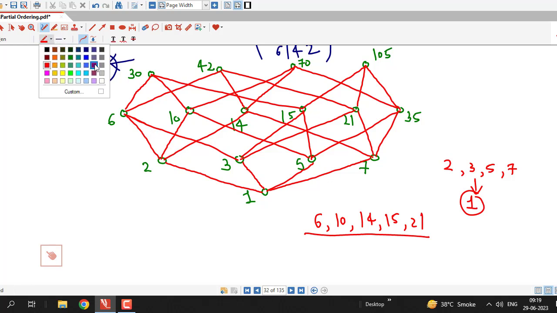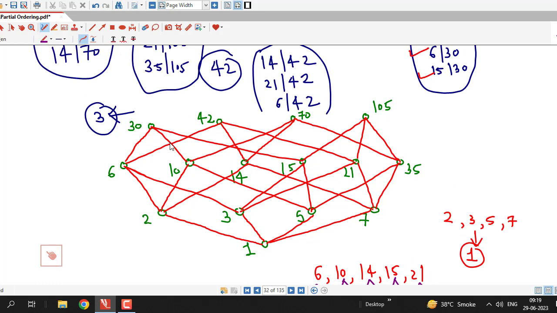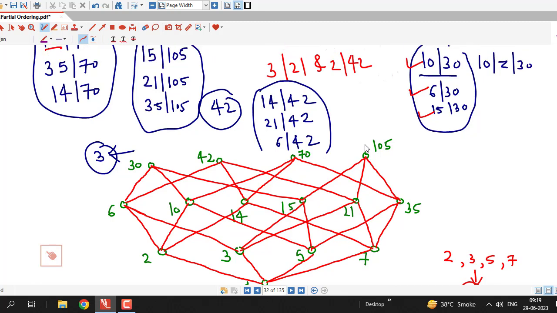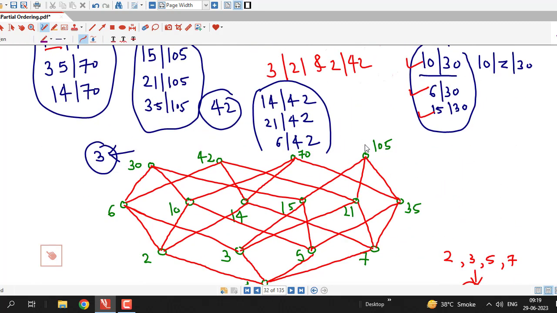You can notice here that 6 is a cover of 2 and 3, 10 is a cover of 2 and 5, 14 is a cover of 2 and 7, 15 is a cover of 3 and 5, 21 is a cover of 3 and 7. Similarly, each of these integers 30, 42, 70, 105 covers 3 elements. So you can understand the pattern here.